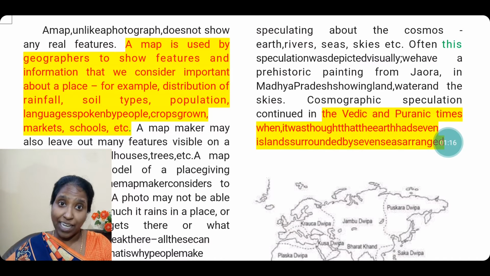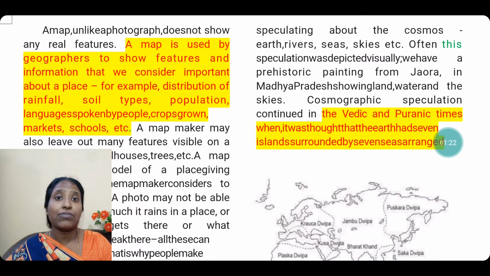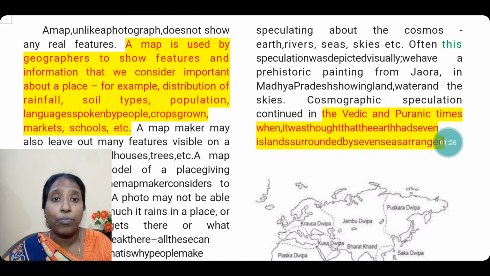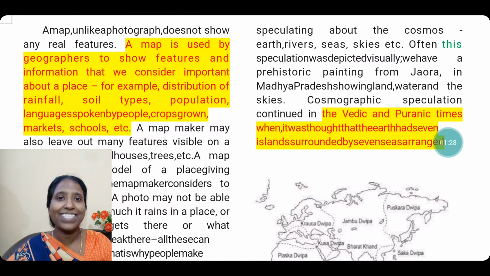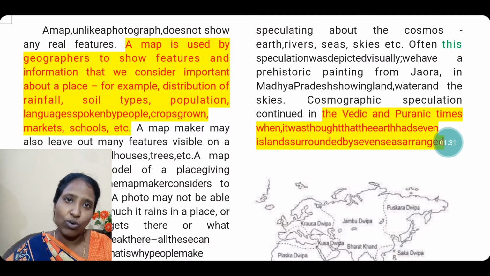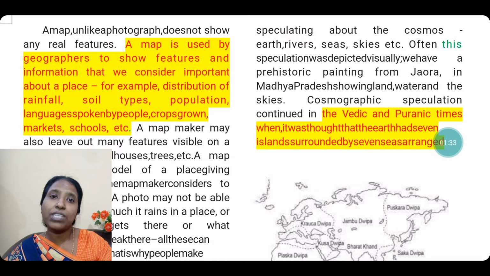Soil types, whether it's alluvial soil, loamy soil, black soil, red soil, everything is shown in the map. Population, whether it's a densely populated area, moderately populated, or scarcely populated, all this information is given on the map. And so according to the necessity, the maps are made.